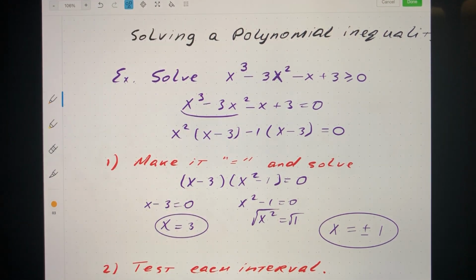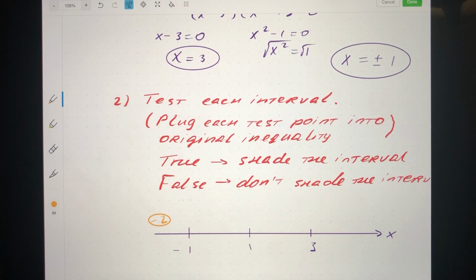So here is our diagram. We ended up with negative 15. That is not greater or equal to 0. That's false, which means we don't shade this interval. Now the next interval, between negative 1 and 1, the easiest point to use is 0.